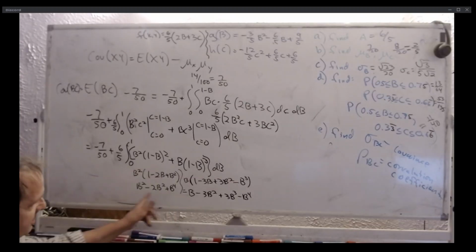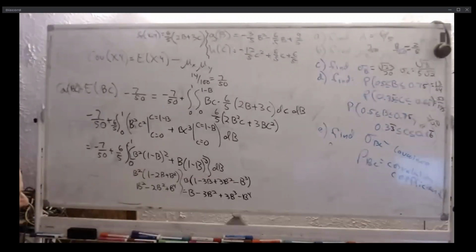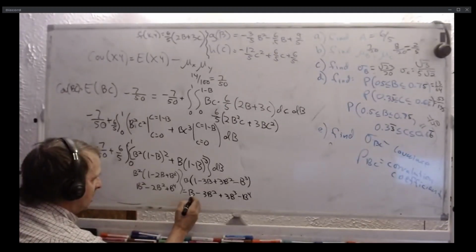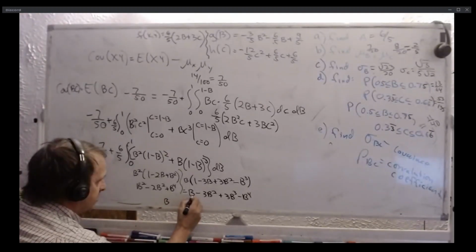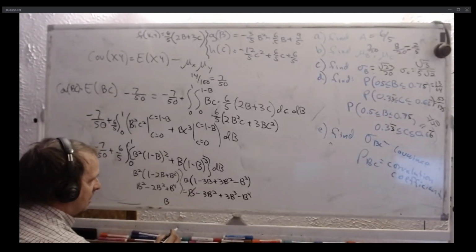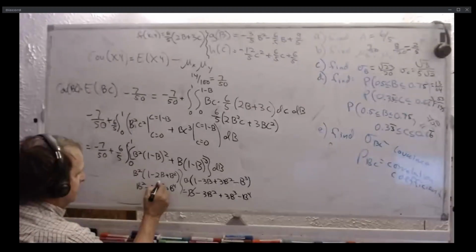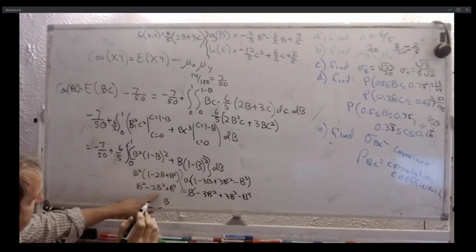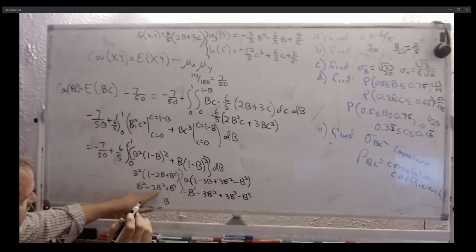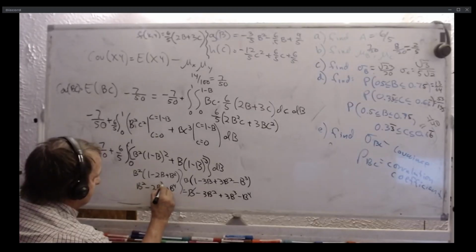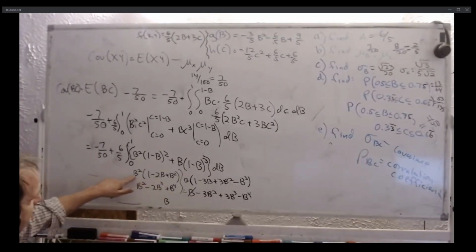And of course, we have to add these two bad boys together. But guess what? Terms are going to combine and terms are going to drop out too. Right? Hope you see that. If you add these two guys together, you end up with b. Right? That's handled. Wait a minute. Did I screw something up here, guys? This 2b right here should be 2b raised to the third power, not squared, because it's 2b times b squared.